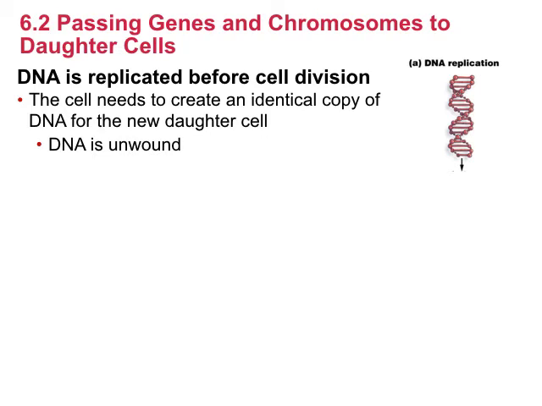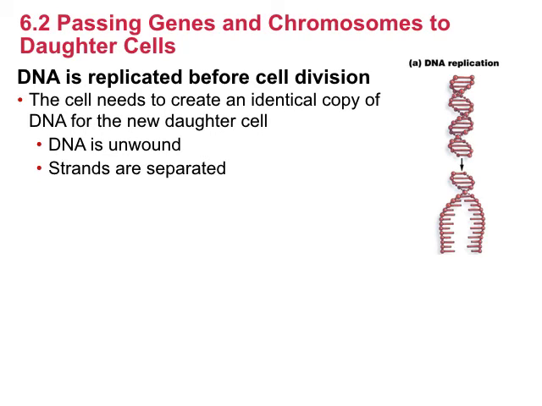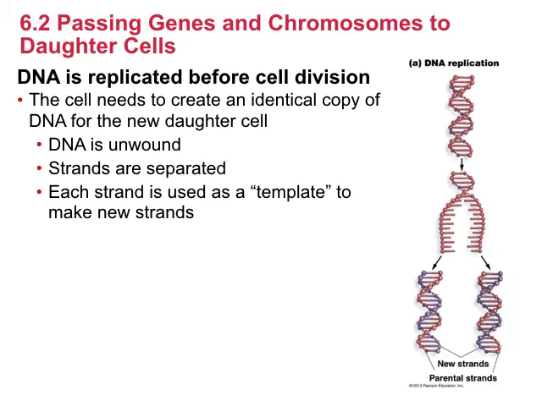For this to happen, the cell unwinds DNA, and then it separates the strands of the double helix, and then each of the original strands, here in red, is used as a template to make new strands. A template is like an original document that you can use to make more copies, right? So think of it as a stencil. You have a stencil that is a template for the actual letters that you're going to make.